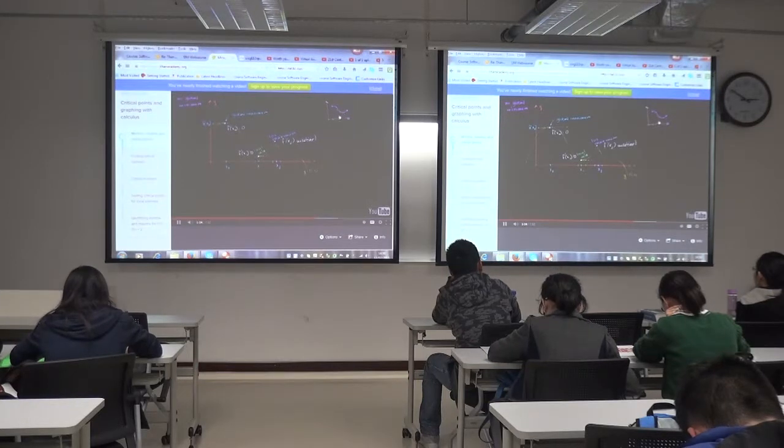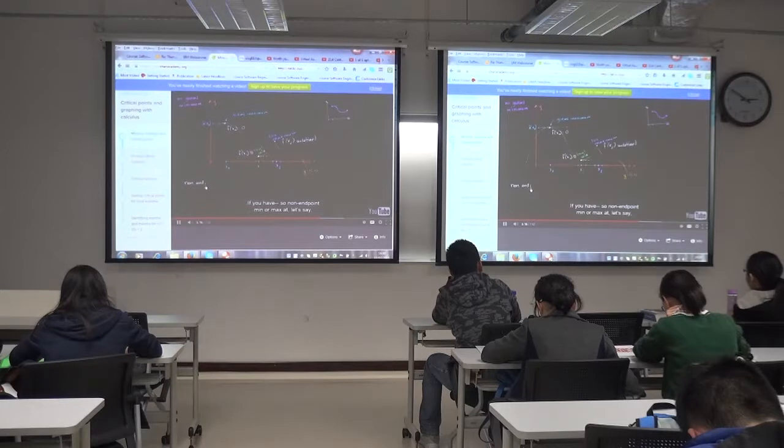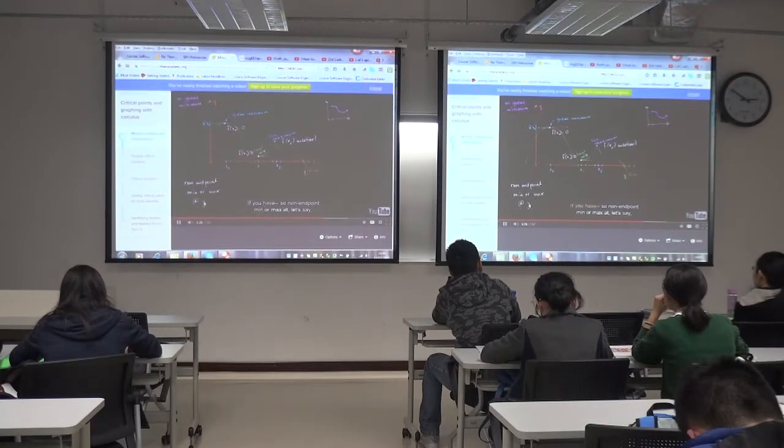If you have a point inside of an interval, it's going to be a minimum or maximum, and we see the intuition here. If you have a non-endpoint min or max at, let's say, x is equal to a, this tells you something interesting, or at least we have the intuition.